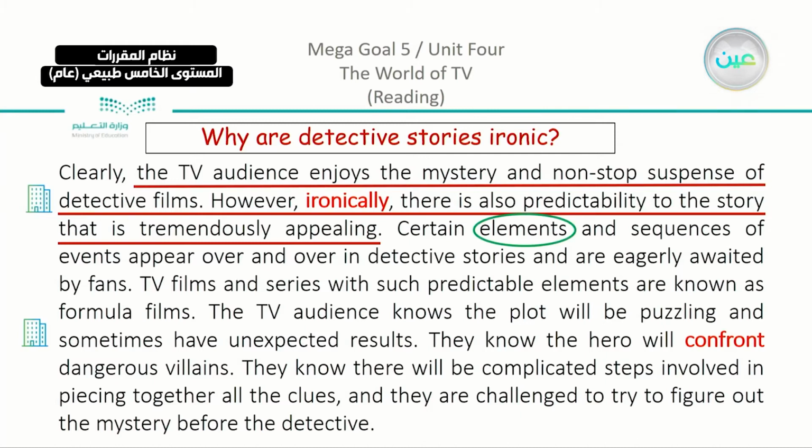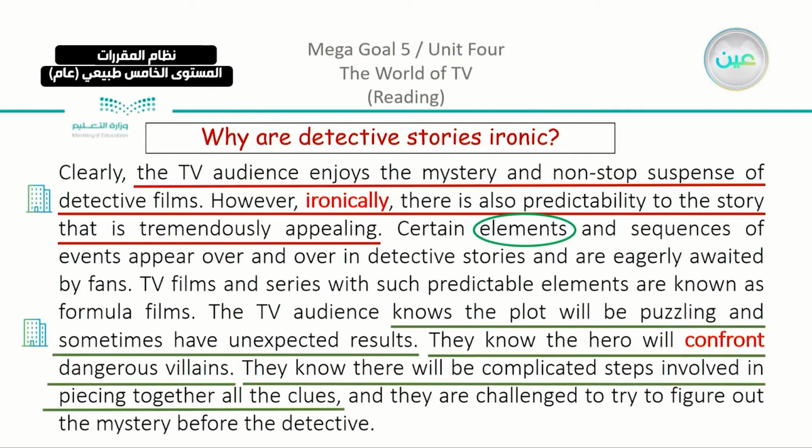Yes, now just keep an eye on the word element here because this is the first time it passed by us. And we agreed at the beginning, our main question for the whole reading here is to find the elements of the detective story in general. So we have here, just to scan very quickly, you don't need to read every single word.